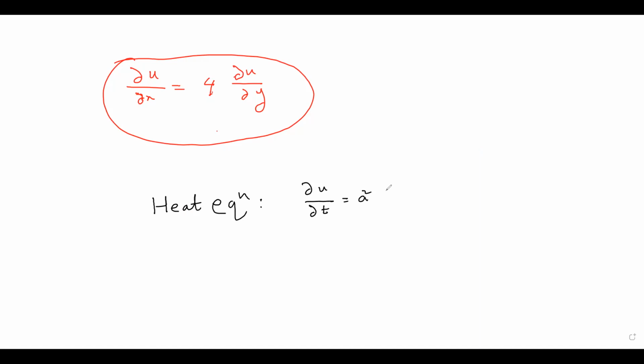The square is to make sure that we have a positive constant here. Del square u by del x square. And with some initial conditions and boundary conditions.